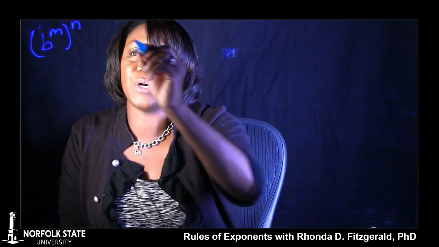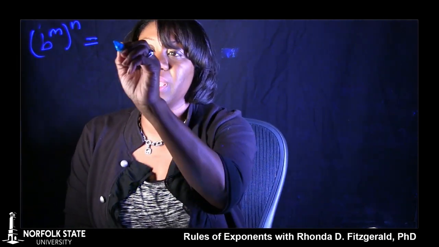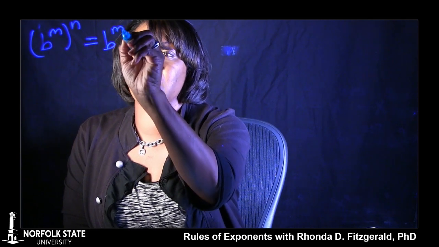So now let's look at the power to a power rule. So this is power to a power. If I have b to the m all raised to the nth power, in this particular situation, we want to multiply the exponents. So I end up with b to the m times n power.